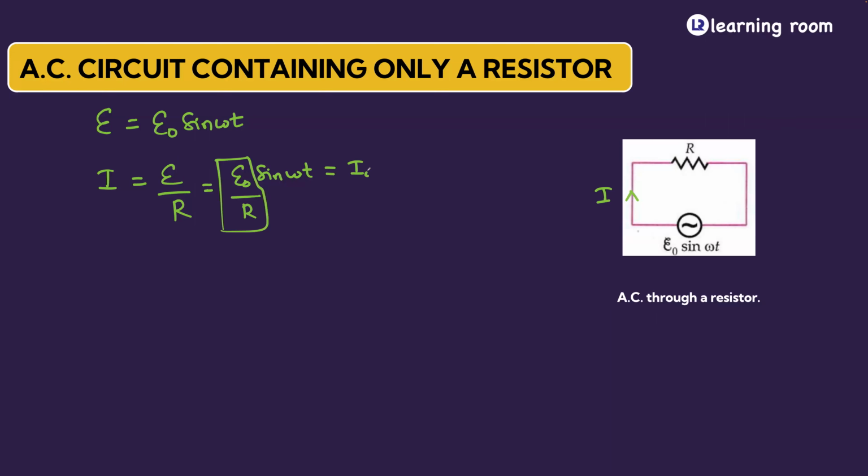This will be equal to I naught sine omega t. That's it. That is all the derivation. So you have given an input of E is equal to E naught sine omega t, and you got an output of I is equal to I naught sine omega t.